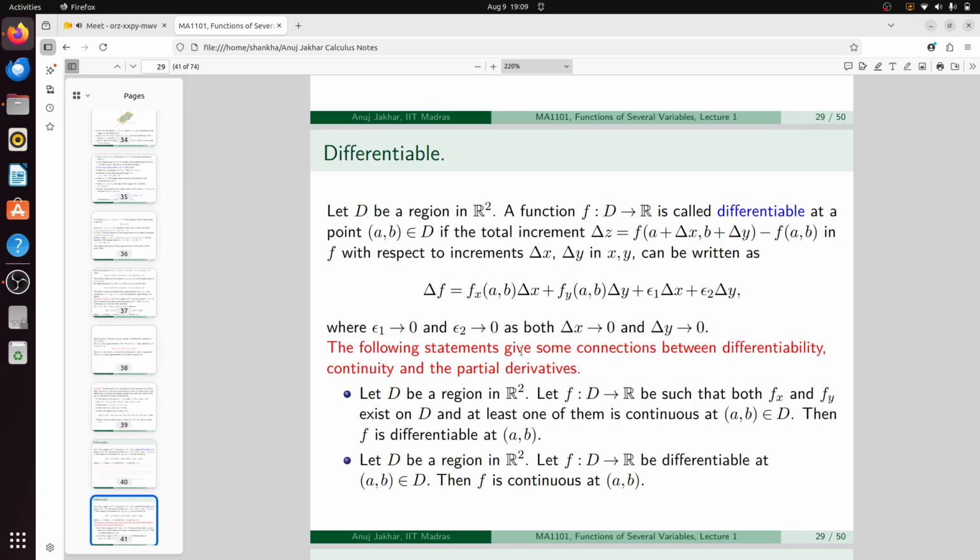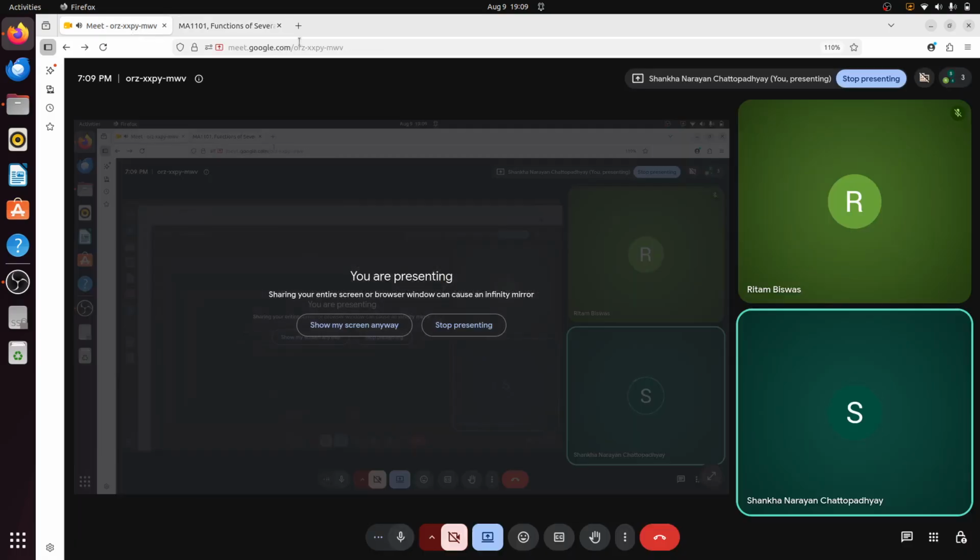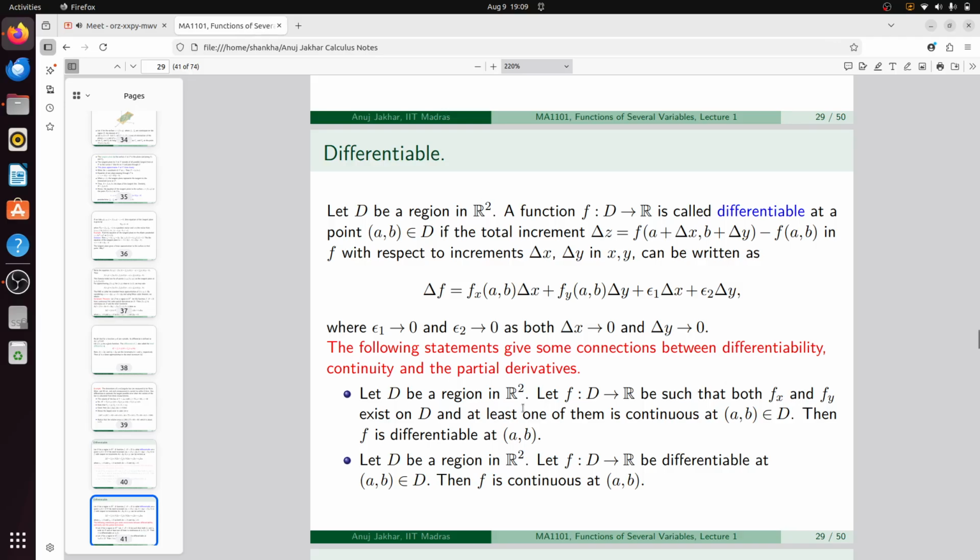A function f from D to R is called differentiable at a point a comma b belonging to D if the total increment delta z equal to f of a plus delta x, b plus delta y minus f of a comma b, in f with respect to increments delta x, delta y in x comma y, can be written as delta f equal to fx a comma b delta x plus fy a comma b delta y plus epsilon 1 delta x plus epsilon 2 delta y, where epsilon 1 tends to 0 and epsilon 2 tends to 0 as both delta x, delta y tend to 0. Then the function is called differentiable.